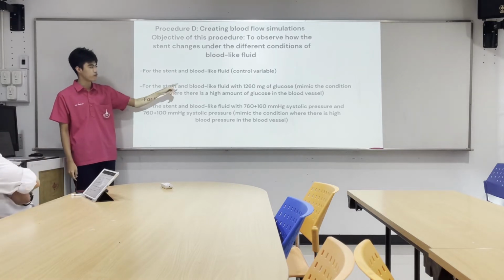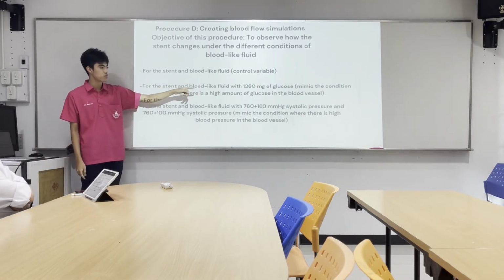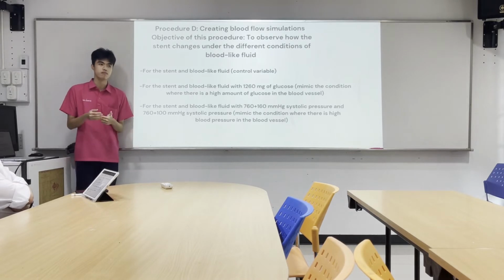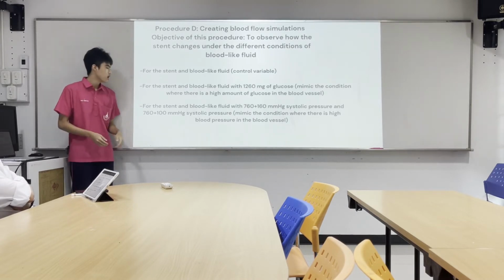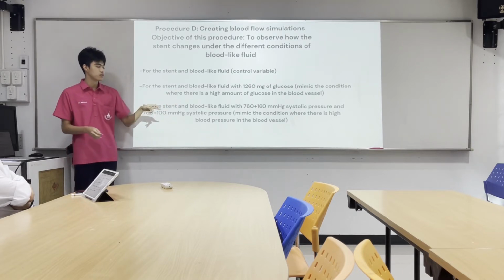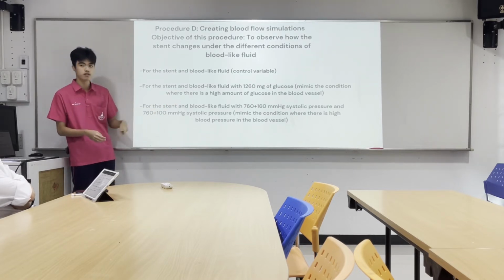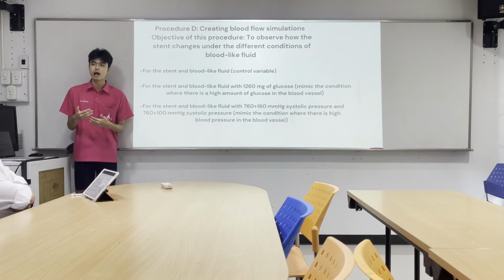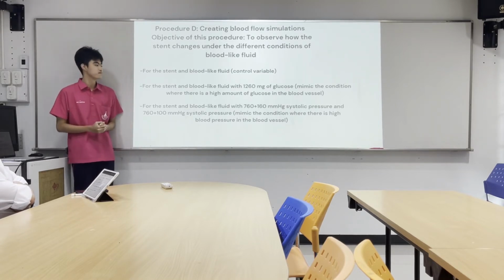For the diabetes patient, 1,260 mg of glucose is used. For the hypertension patient, we use 160 systolic pressure and 100 diastolic pressure.